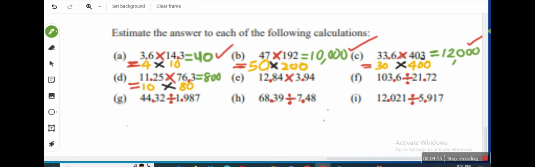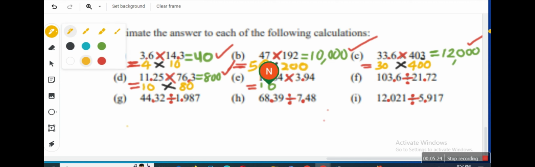Let's go to E. 12.84 and 3.94. 10. Just 10. This one will be 10. Don't worry, let me write it so that we can do it very quickly.